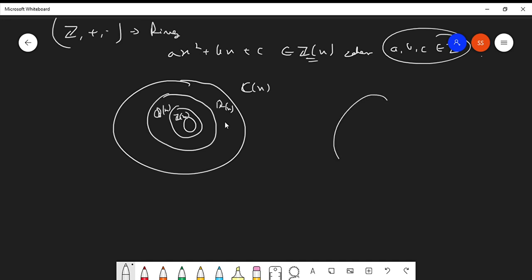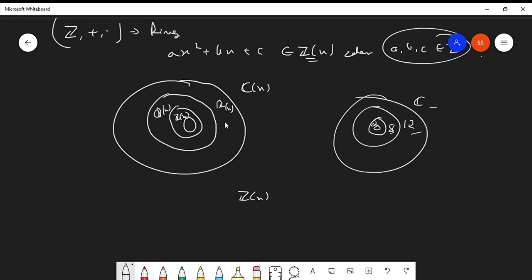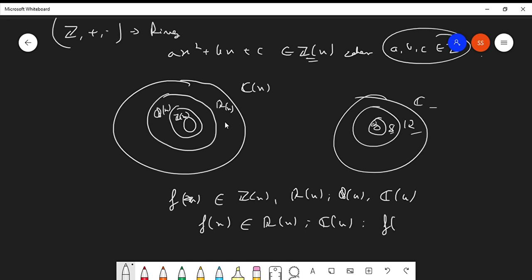The reason you already know: C, then R, then Q, and then Z. So if f(x) is a polynomial which belongs to Z[x], it will also belong to Q[x], R[x], and C[x]. If a polynomial belongs to R[x], it will belong to C[x]. If it belongs to the rational polynomials, it will belong to R[x] and C[x].